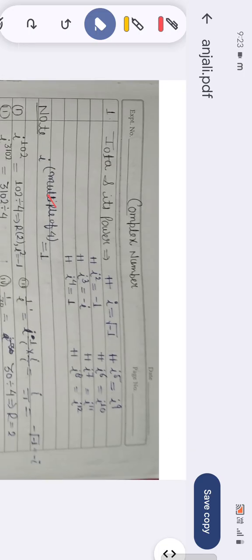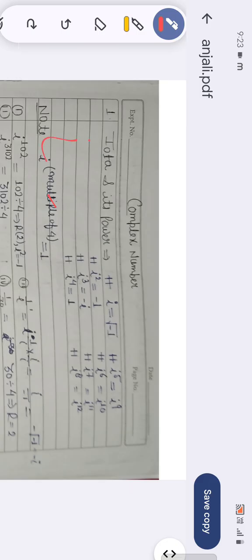Next, iota and its powers. What is iota and what will be the value of its powers? We know the value of iota is root of minus 1. And what will be the value of iota square?